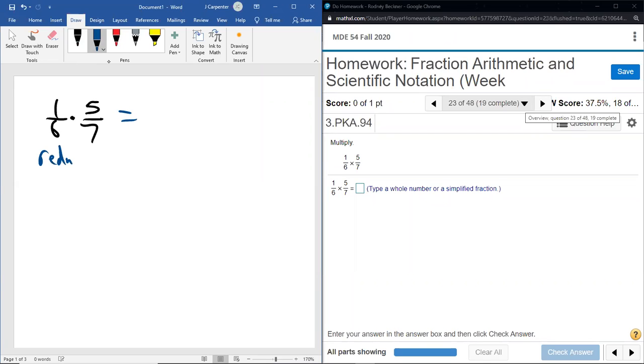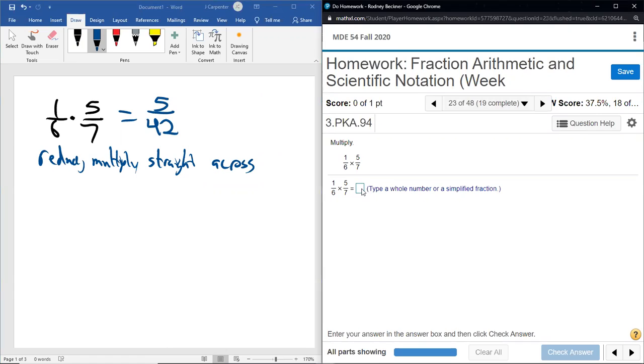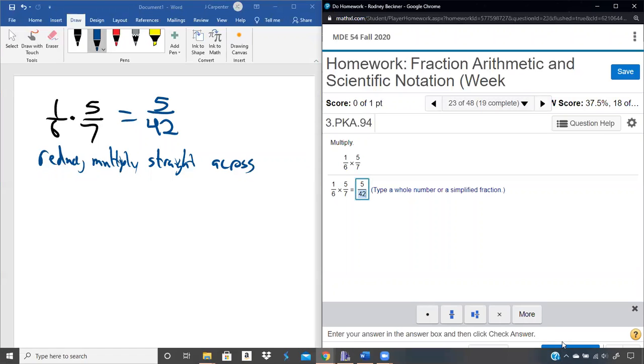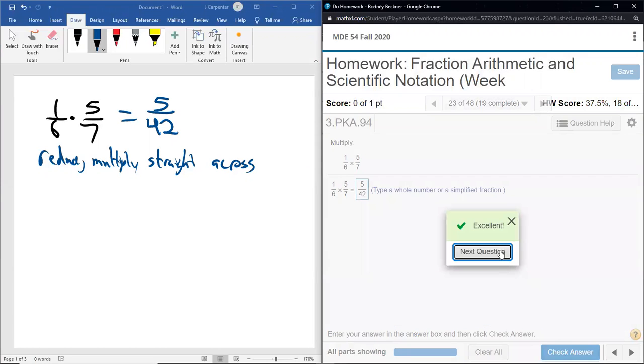You're just reducing and then multiplying straight across. The 1 times the 5 being 5, the 6 times the 7 is 42, and the answer should be 5/42. Checking my work. We got it right. Easy as pie.